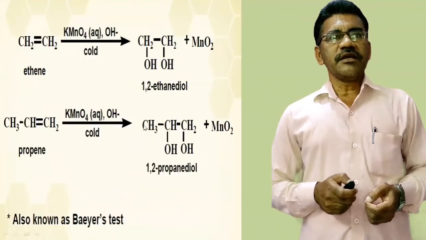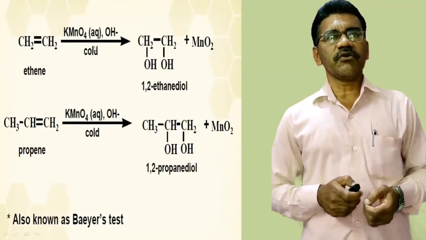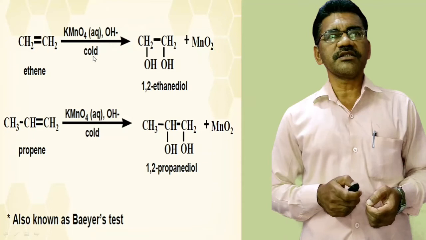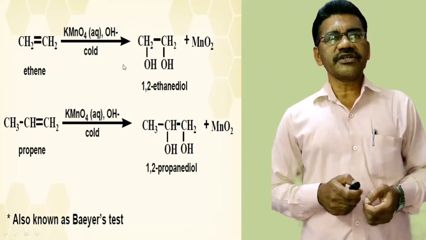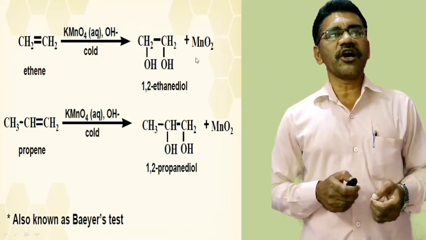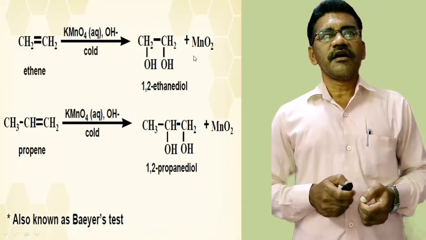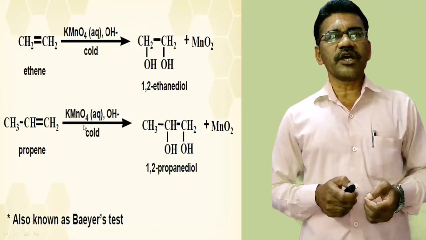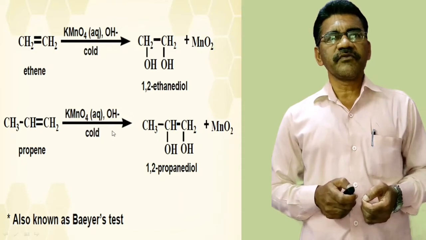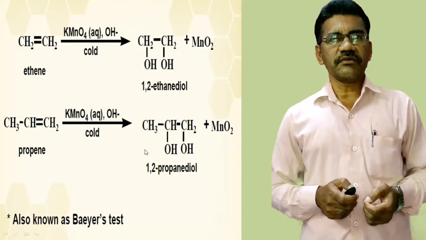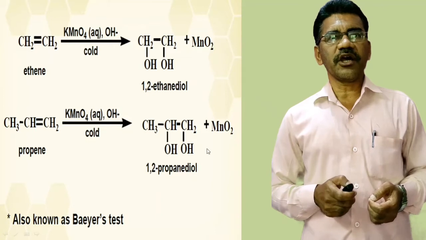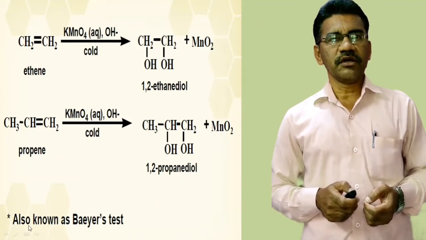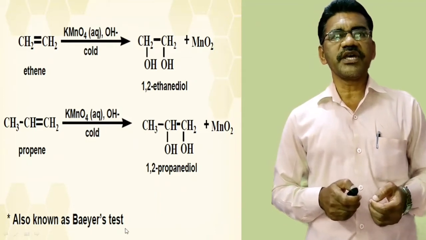Ethylene reacts with KMnO4 in presence of OH minus under cold condition to form 1,2-ethanediol plus MnO2. Second example is propene reacting with aqueous KMnO4 in the presence of OH minus, cold, to produce 1,2-propanediol plus MnO2, and this is known as Baeyer's test.